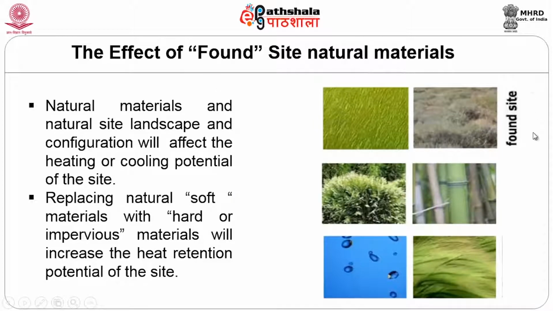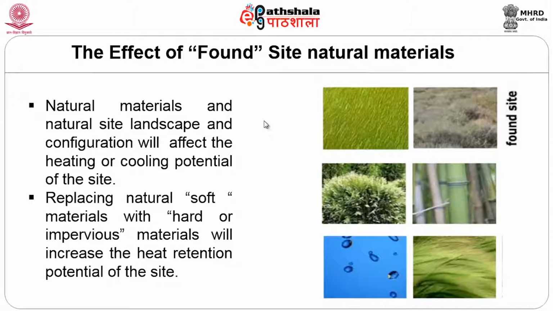Now, if you look at the found site, what is there in the site existing before you even start constructing your building? Natural materials and natural site landscape and configuration will affect the heating or cooling potential of the site. Replacing natural soft materials with hard or impervious materials will increase the heat retention potential of the site.